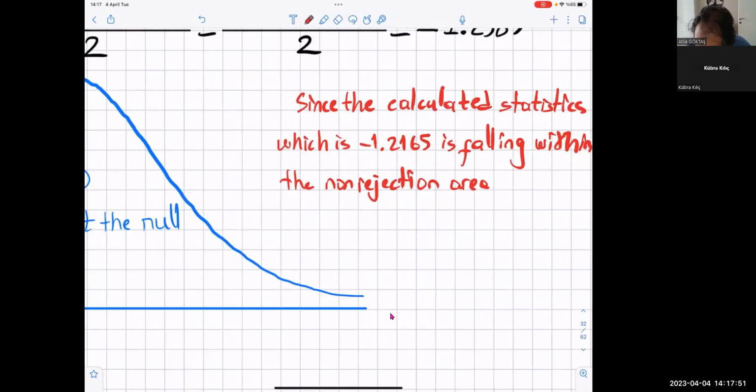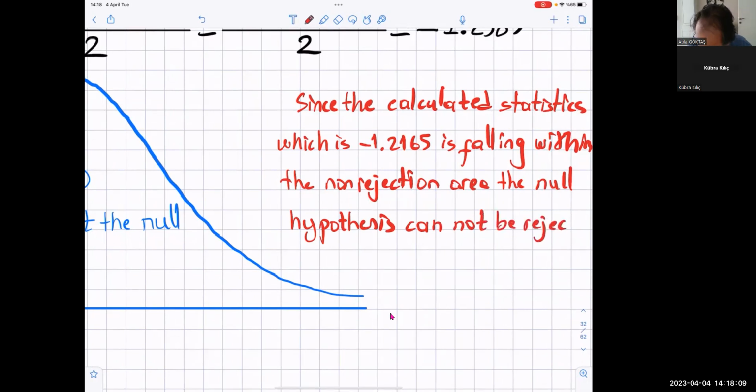The null hypothesis cannot be rejected with 0.05 level of significance.